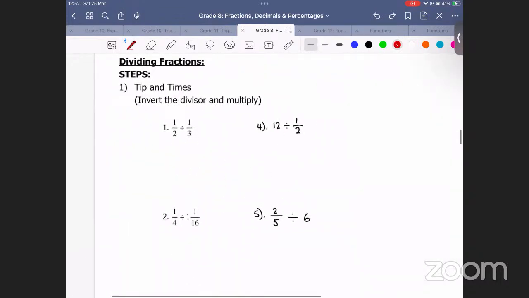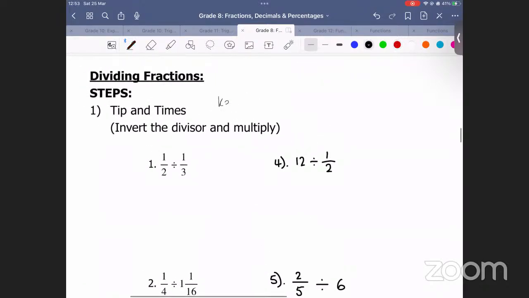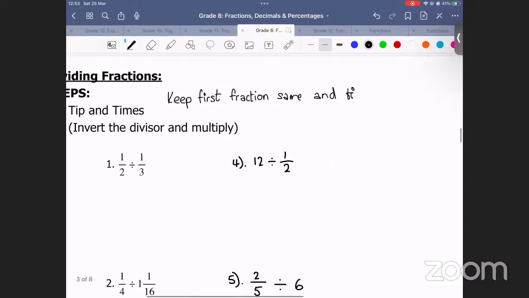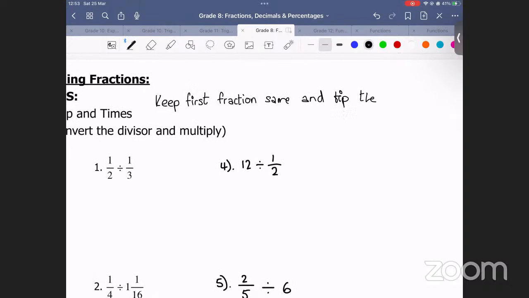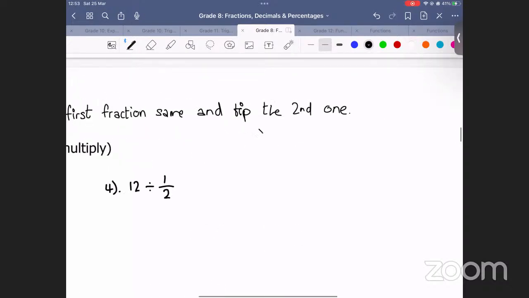Okay, since we did start late, let's end a bit late. So let's finish the dividing fractions. So how do you divide fractions? You don't. You just tip and times. So you keep the first fraction the same and you tip the second one and then multiply.